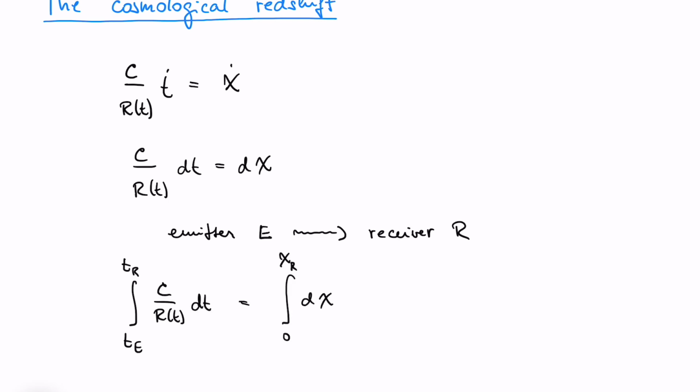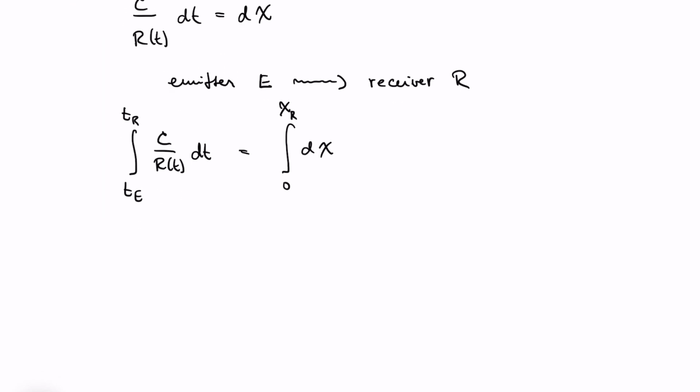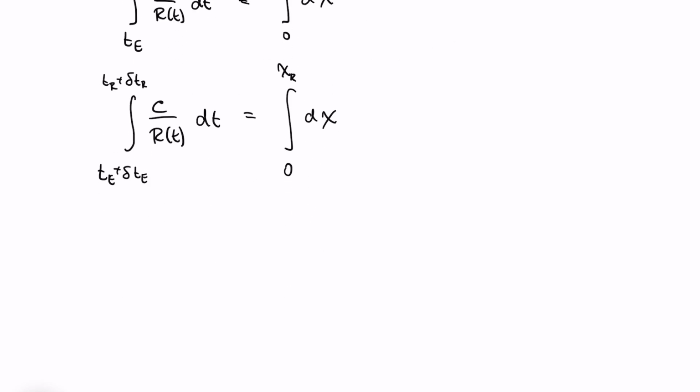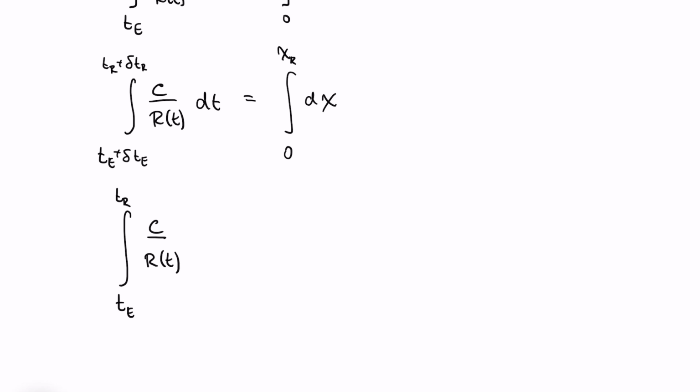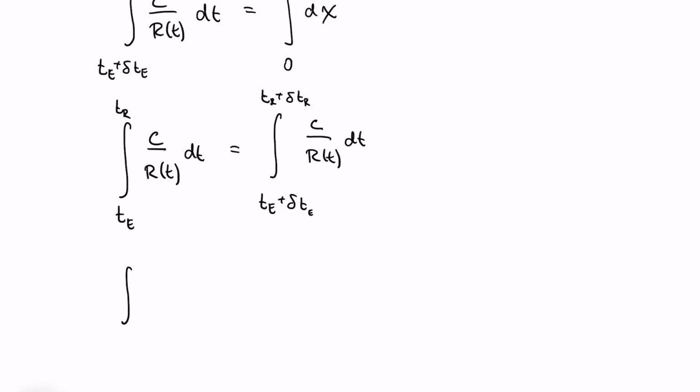Now if he sends another light pulse just an infinitesimal delay later, then the boundaries on the left-hand side shift, but those on the right-hand side do not. So this means that the two left-hand sides are equal. And we cancel those parts of the integrals which are there on both sides, and we're left with this.